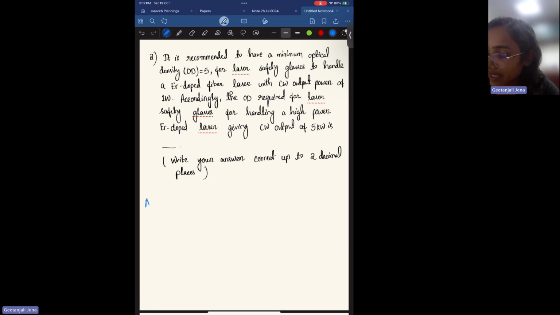So the second problem is, it is recommended to have a minimum optical density OD of 5 for laser safety glasses to handle an erbium doped fiber laser with continuous wave output power of 1 watt. Accordingly, the OD required for laser safety glasses for handling a high power erbium doped laser giving continuous wave output of 5 kilowatt is. So the recommended OD is given, the minimum optical density.